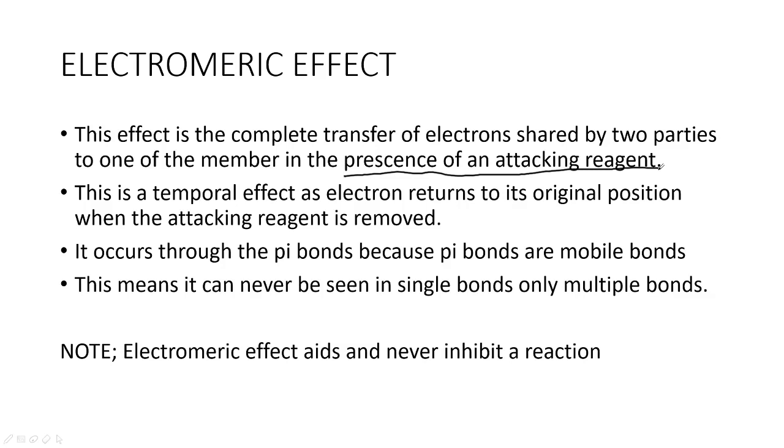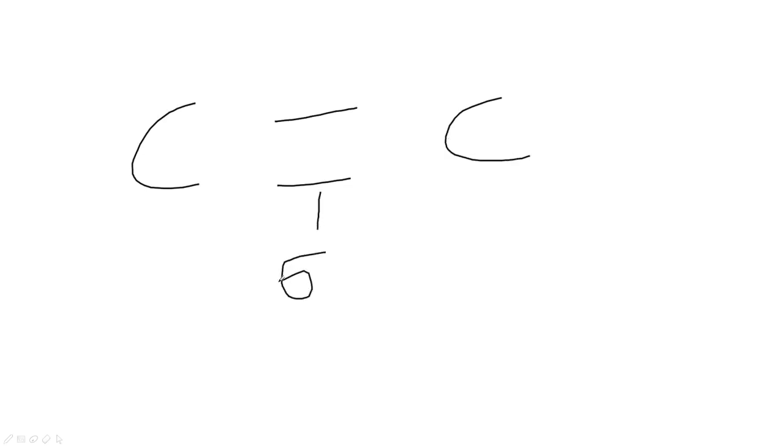This means it can never be seen in single bonds, because single bonds, like C to C, are sigma bonds and not pi bonds, so I can represent this by a sigma sign. But in a double bond, something like this, C double bond C, the first bond is a sigma bond, and the second bond is a pi bond, and this pi bond here is the mobile bond.